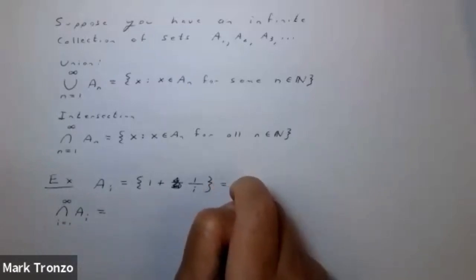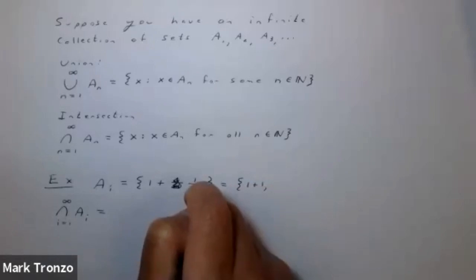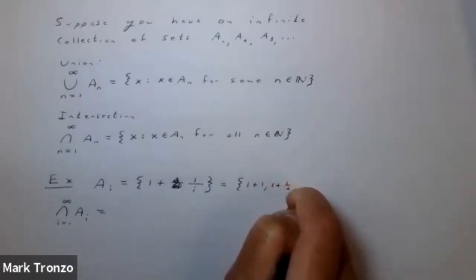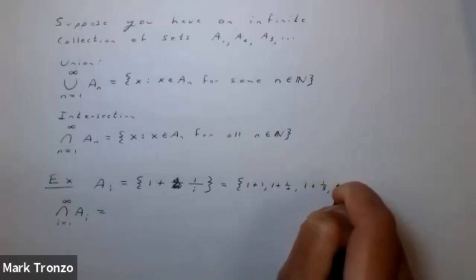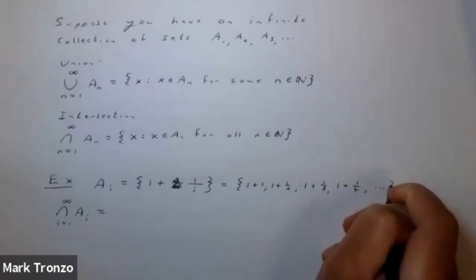What is this going to be? This is going to be like 1 plus 1, where i is a natural number, and then 1 plus a half, 1 plus a third, 1 plus a fourth, on to infinity.